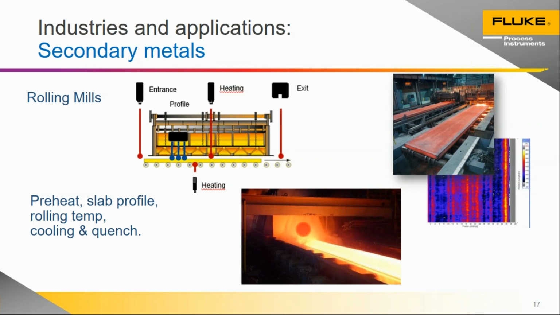And so one of the challenges that the company had is that as that material came through and they were looking through that curtain of steam, they were unable to see the material until it emerged from there. They wanted to get an earlier indication of when it comes through to see if there was any bending or turning up of that material. We were able to use a thermal imager to capture a view of that material probably a second or a couple seconds earlier than they would have been able to by the naked eye.